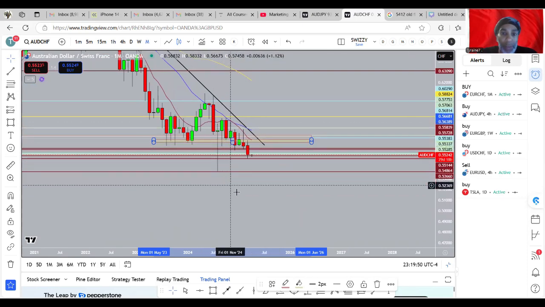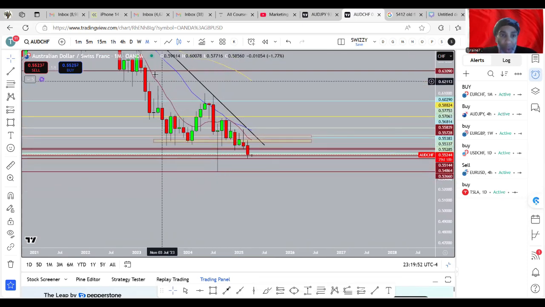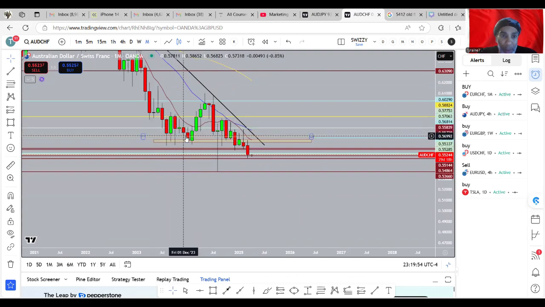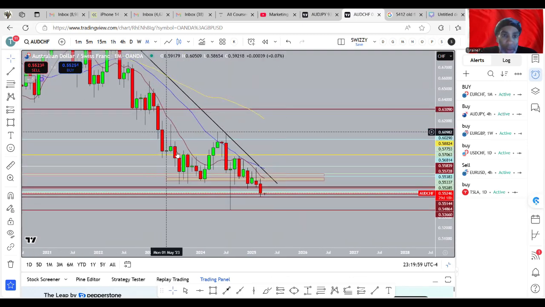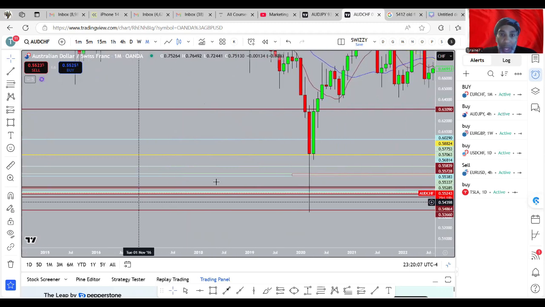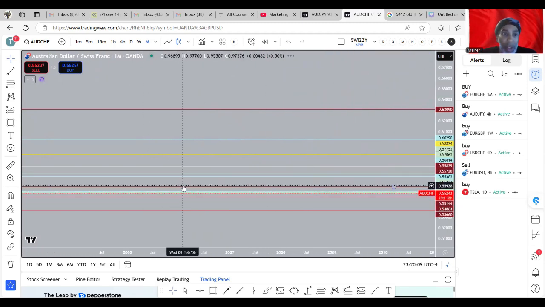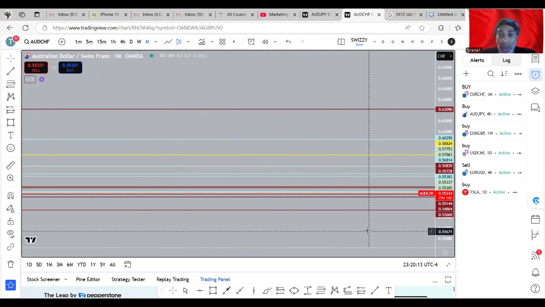If you look, you can see it's been going down. It formed a lower low, came back down, came up, lower high. It hit here. Now this zone is an all-time low. It's never been below this. We got this spike down here, and if you go back, you notice it never got that low before.